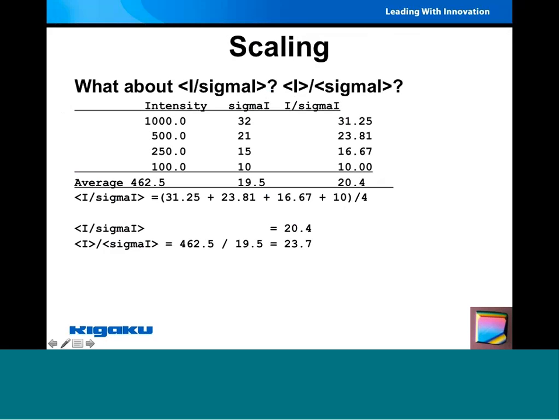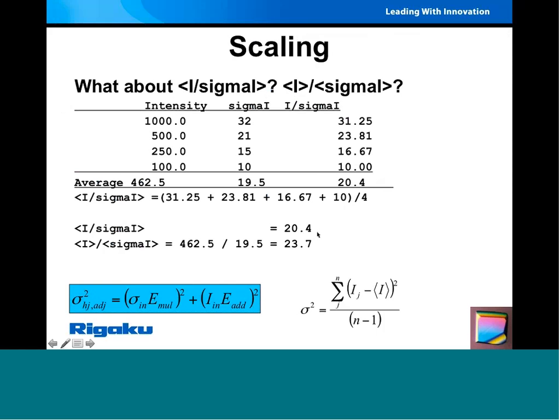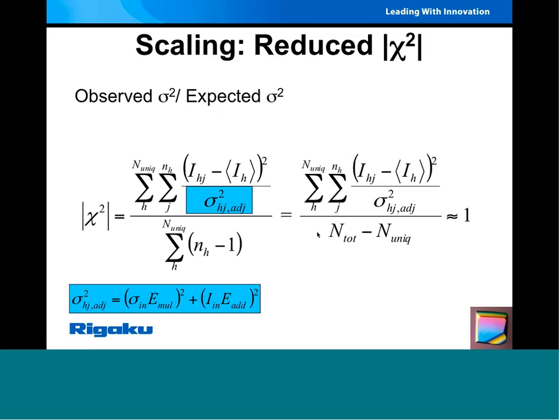If I look at this, the I over sigma I for some sample data that I've given here is about 20, but the average I over the average sigma I is much higher. And some people say, well, why does ScalePack always give me a higher I over sigma? Well, it's using a different definition of I over sigma than other programs. So the SCA to Dirac overcomes these different definitions and lets you stay with that.